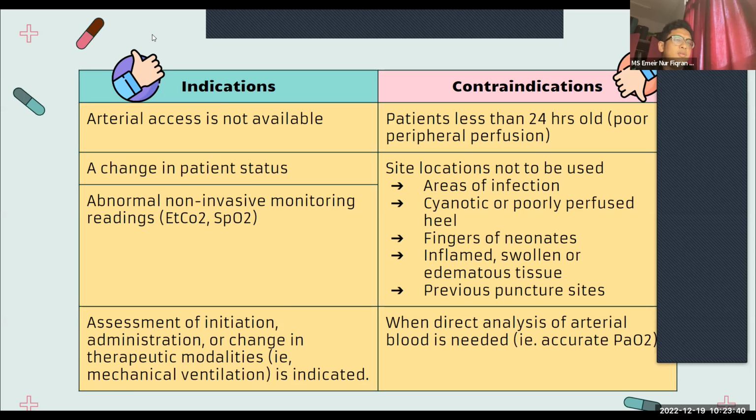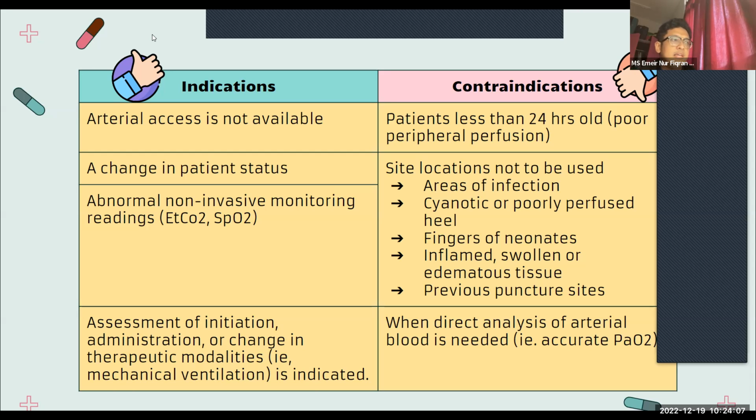Next is abnormal non-invasive monitoring readings, for example transcutaneous values, end-tidal CO2 as well as pulse asymmetry. And lastly, it is indicated in the assessment of initiation, administration, or change in therapeutic modalities, for example when we want to use mechanical ventilation in the patient.